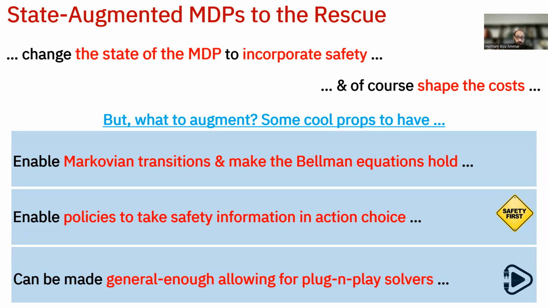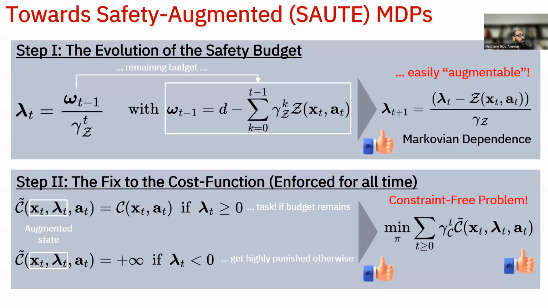So how do we do that? In order to understand this, let's go back and look at the evolution of the safety budget. So here, let's take the remaining budget constraint. I call that omega at t-1.